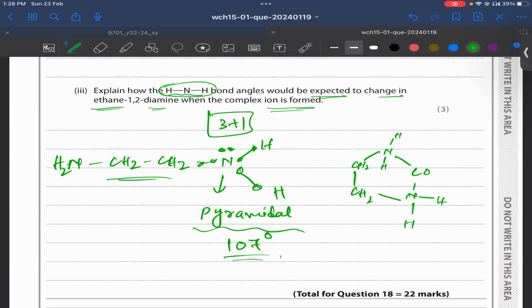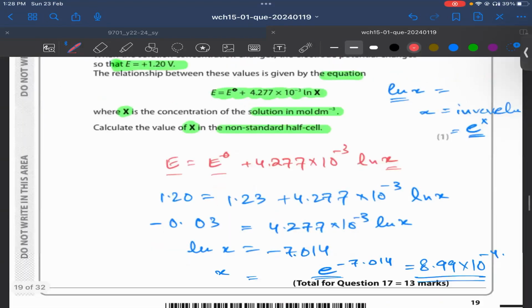It shares its lone pair, so the lone pair is converted into a bond pair. So the geometry is now tetrahedral, with four bond pairs, 4 plus 0. In tetrahedral geometry, the angle would be 109.5 degrees. That's why the bond angle changes: from three bond pairs, it is now making four bond pairs. Is it clear? Yes, sir. All right. So this was the last question from this paper. This was October 2024, I think.